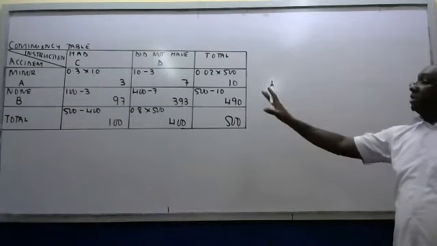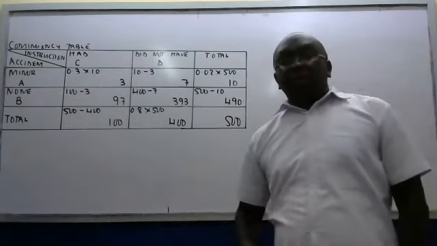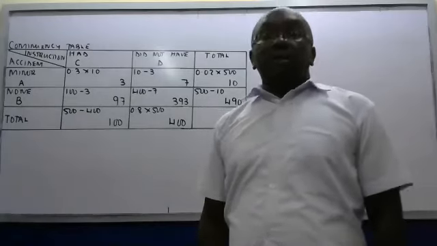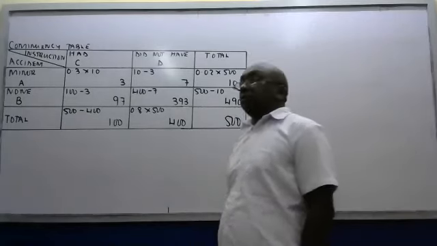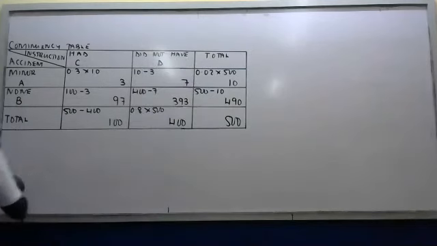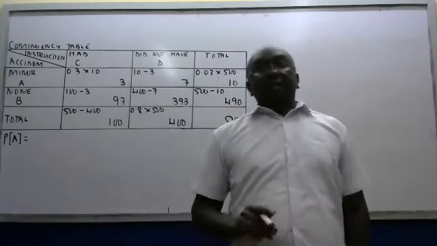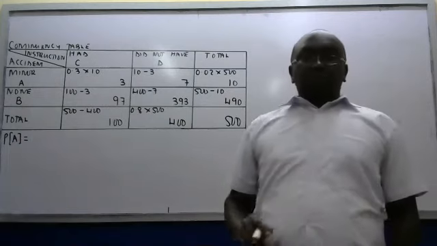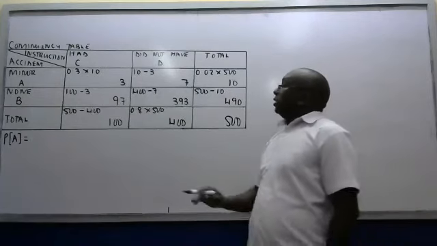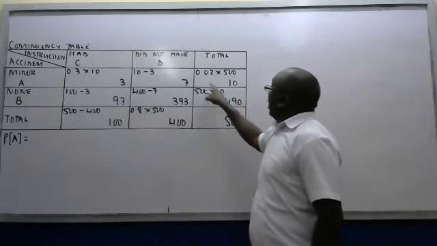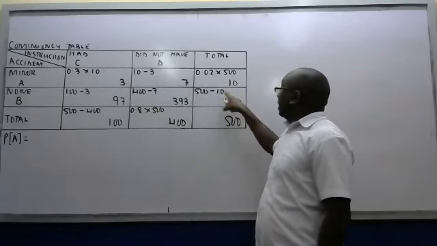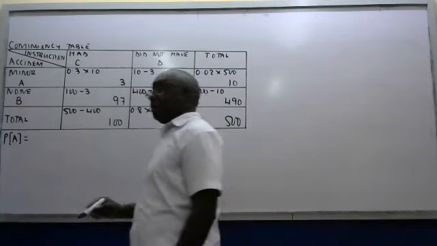So I want us to use this table for illustration of the various things that you can come across regarding these tables. If we are told to get probability of A, you still use our general formula that says desired over the total. So we desire A. You get all the A's, they are 10, and the total is 500.